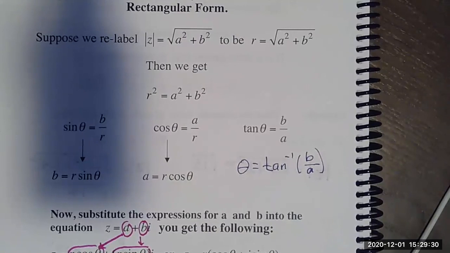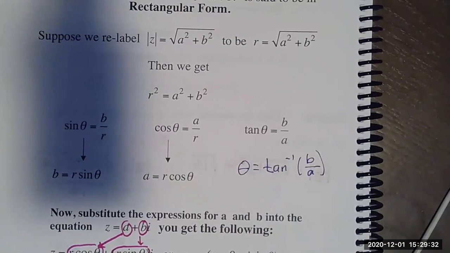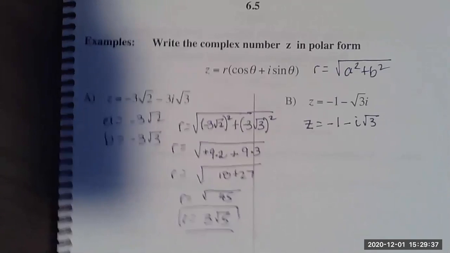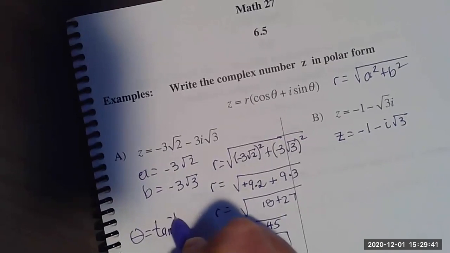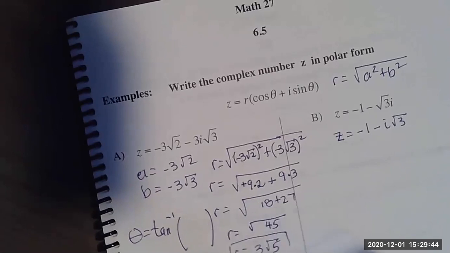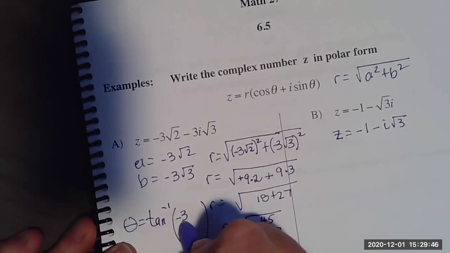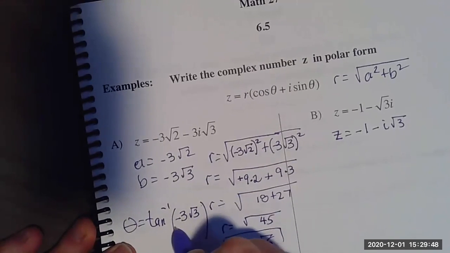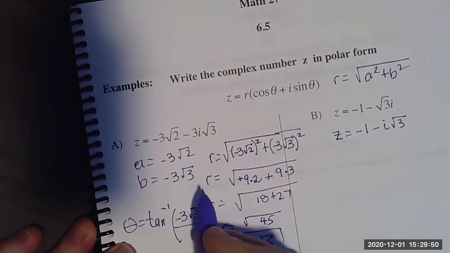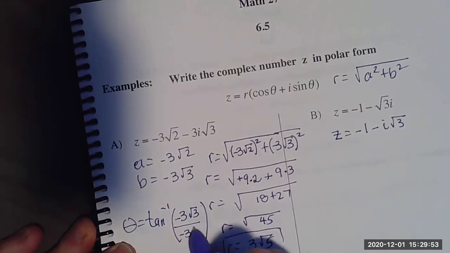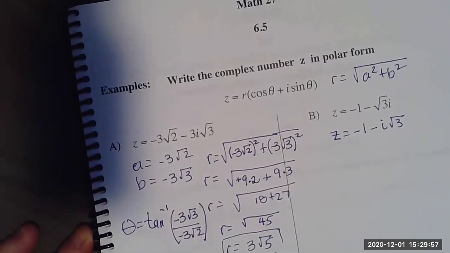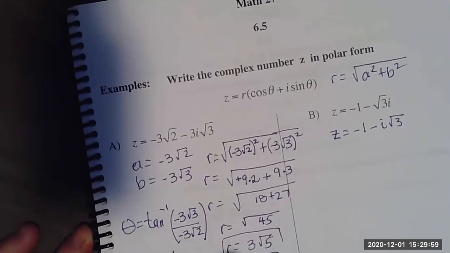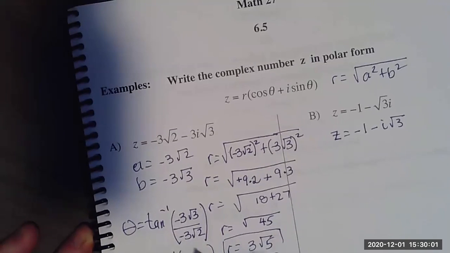And now it's an inverse function. I use my calculator on this in degree mode. So theta is equal to tan inverse of b over a. So negative 3 root 3 over negative 3 root 2. Theta is equal to tan inverse, simplify a little bit, root 3 over root 2.